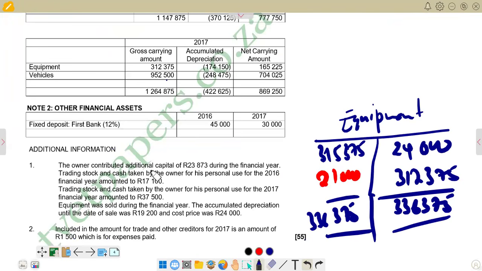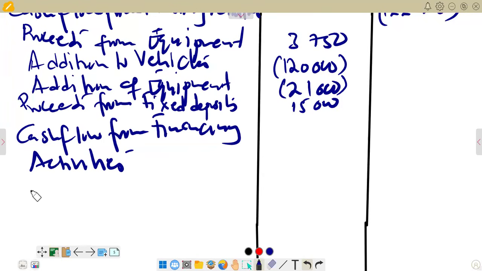you see that the owner contributed additional capital of 23,873 rands during the financial year. So if you check there, this is going to be your capital contribution that we're going to put there as a positive. Remember, this money has been injected into the business, so it's an inflow.